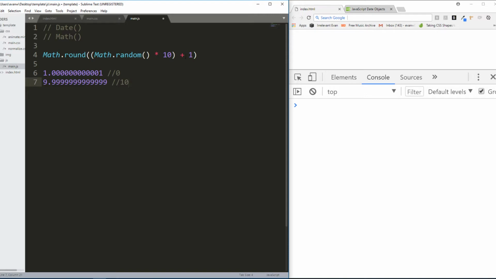So this lowest possible number becomes 1.00000001, which rounds to 1. And the highest number in the range becomes 10.9999999, which rounds to 11. And therein lies the problem. We have effectively cut 0 out of our range, but we've now included 11 in our range inadvertently.